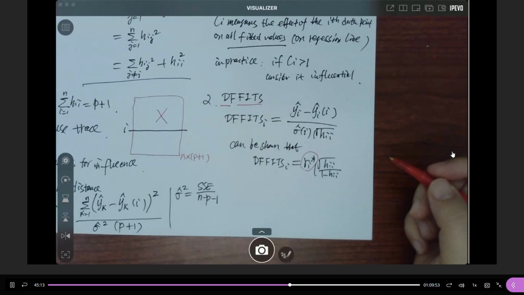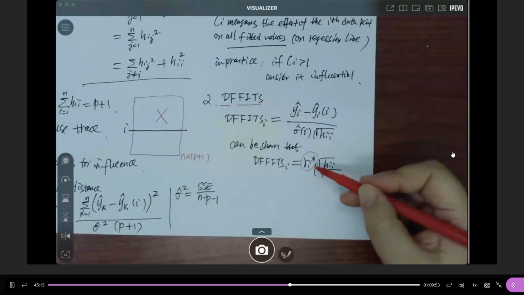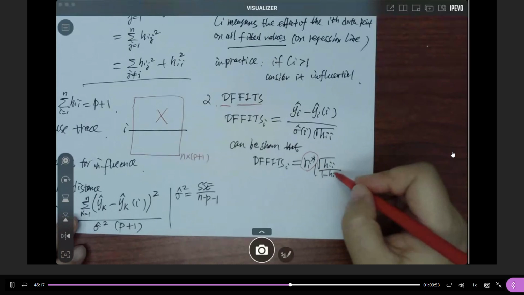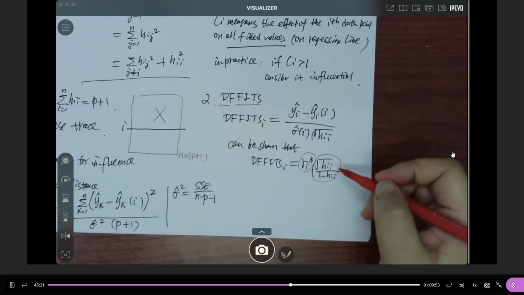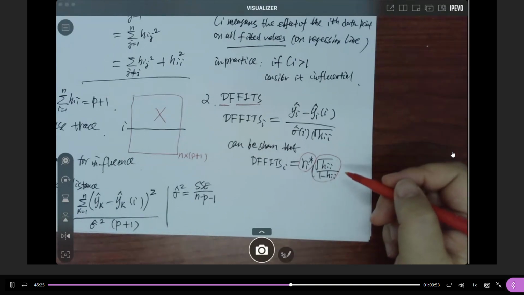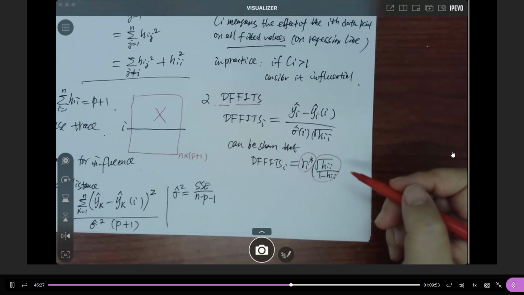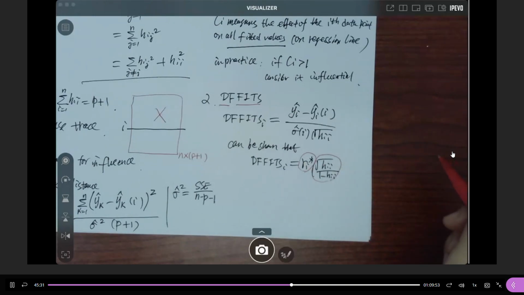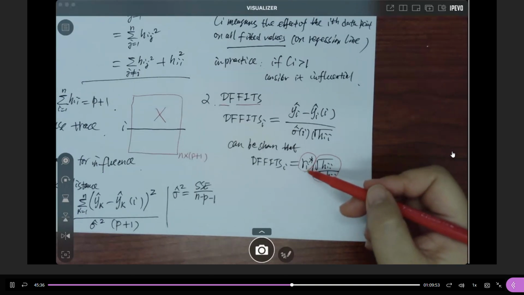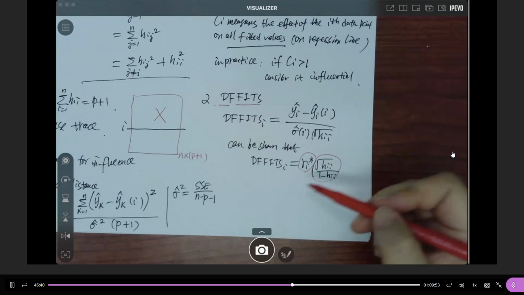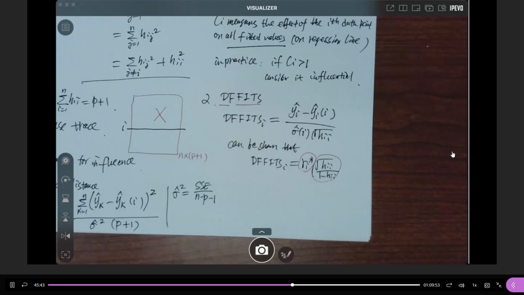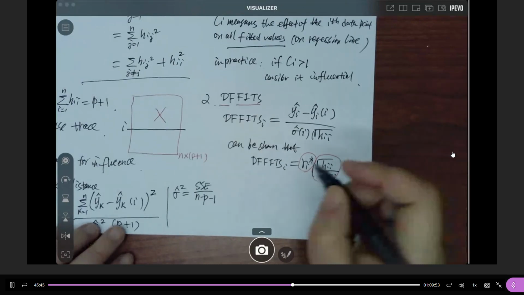If the data point is an outlier, it has a very large R_i star. h_ii here, as we talked about in the property of h_ii, measures how extreme it is from the center of the data, from x_i minus x bar. So it has two things multiplied together. Together, it considers both the outlierness in y and also the outlierness in x. If the product is large, this data point is influential. That's the intuition, okay?